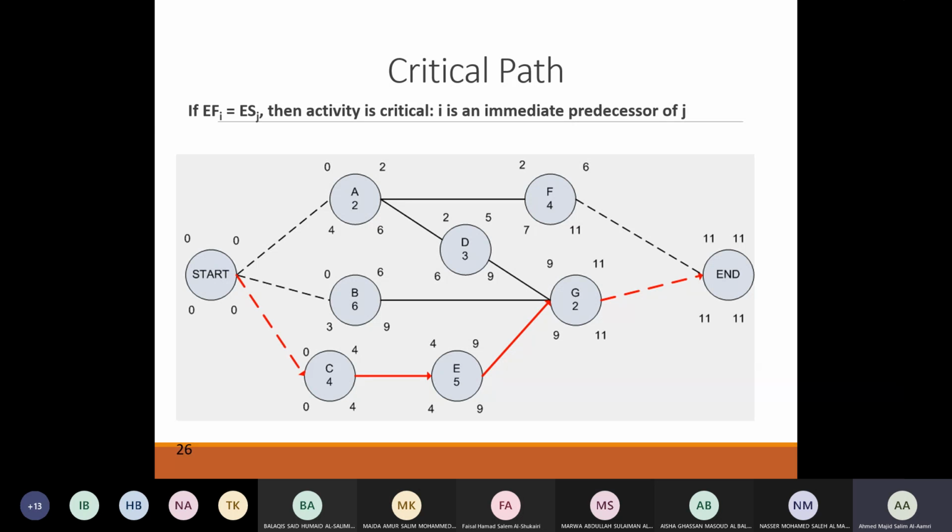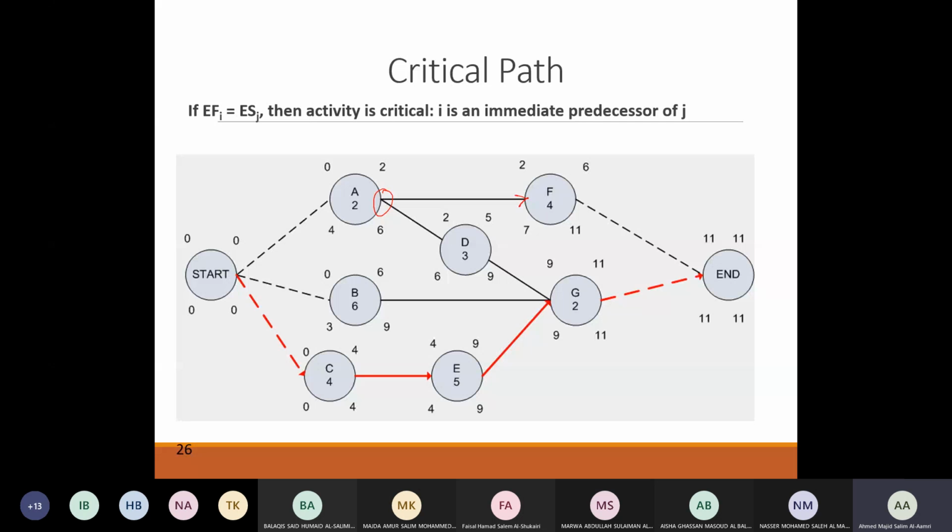According to you, the relationship between A and F is that I need to finish A in order to start F. Do you agree that the relationship is finishing A to start F? So we are finishing A and then we are starting F.